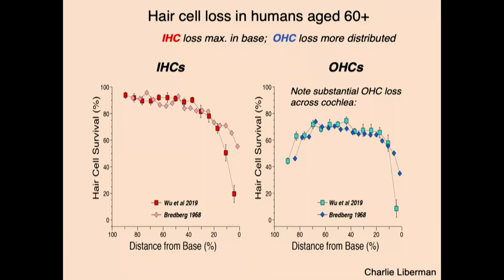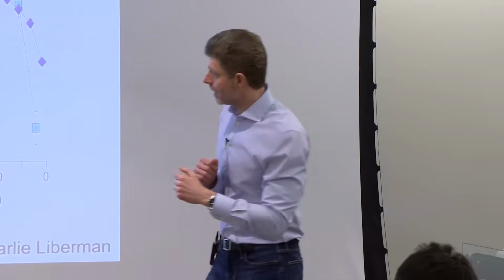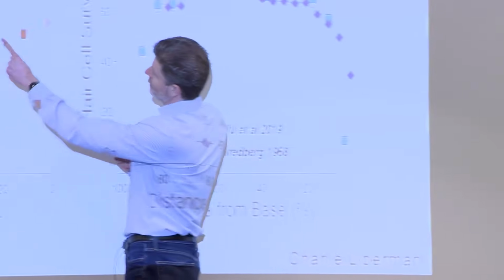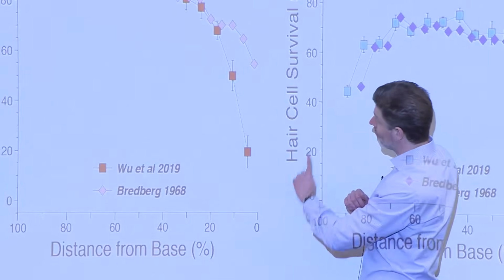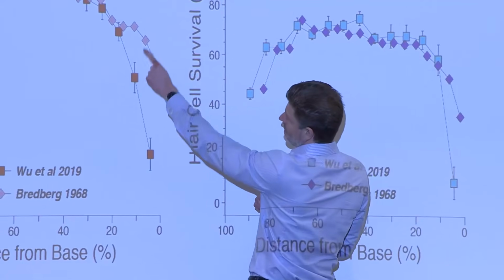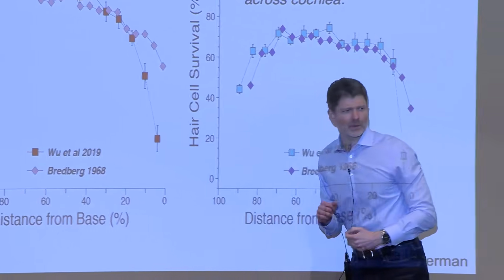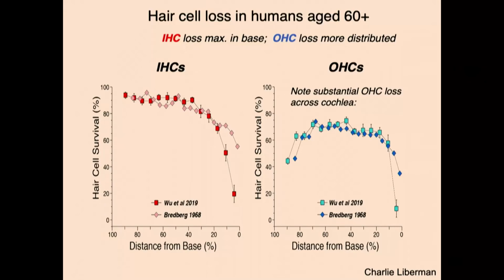This graph plots the hair cell survival as a function of position on the cochlea. The previous graph was just pulling everything together. Here we have hair cell survival as a function of position on the cochlea. What this shows is that for inner hair cells, there's considerably more hair cell loss at the base of the cochlea. Which frequencies get transduced at the base?